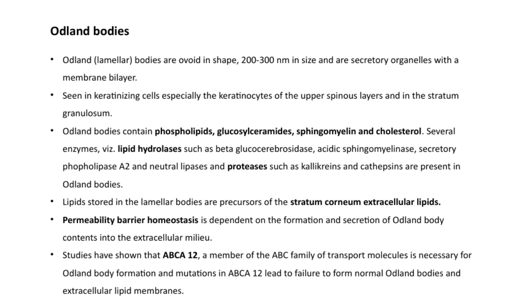Odland bodies are packed with important lipids like phospholipids, glucosylceramides, sphingomyelin, and cholesterol. They also contain a variety of enzymes, including lipid hydrolases such as beta-glucocerebrosidase and acidic sphingomyelinase, as well as secretory phospholipase A2, neutral lipases, and proteases like kallikreins and cathepsins.